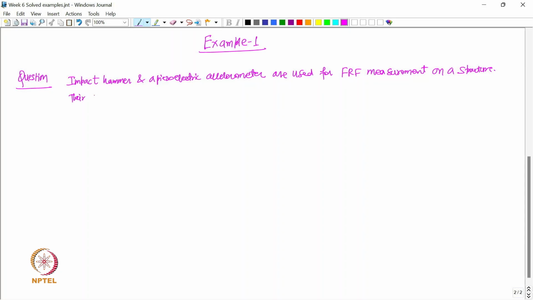Their sensitivities are 40 millivolt per Newton and 0.5 volt per G respectively.